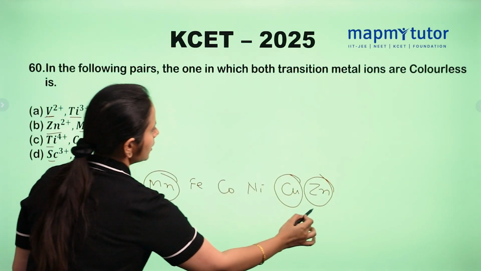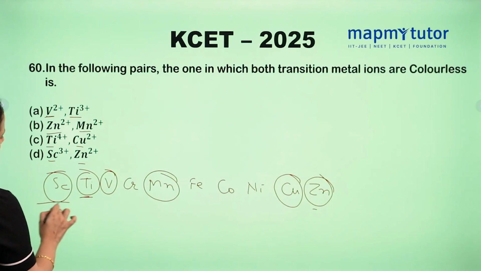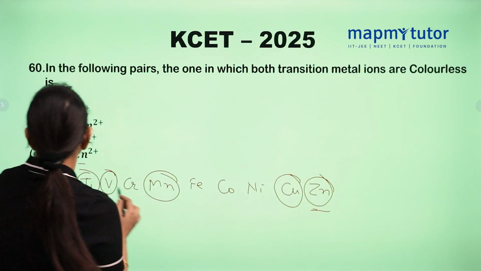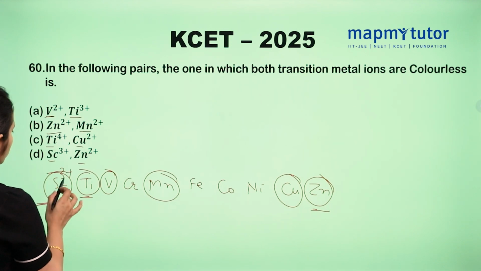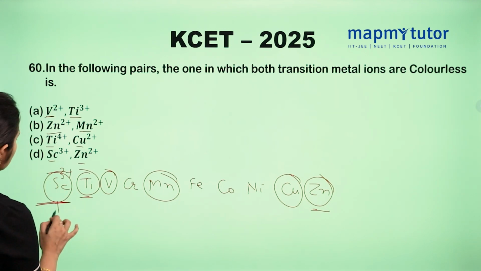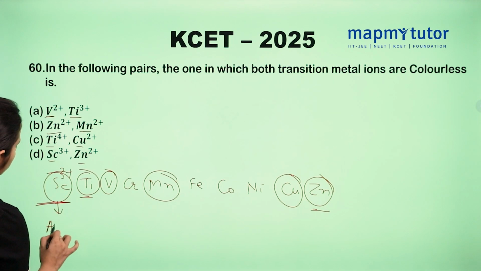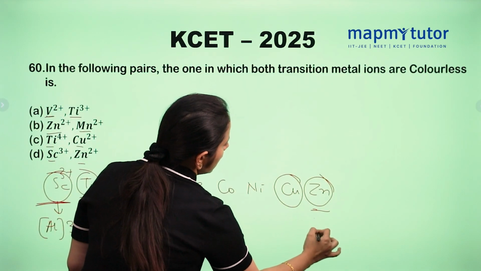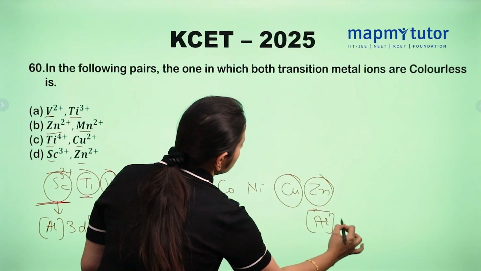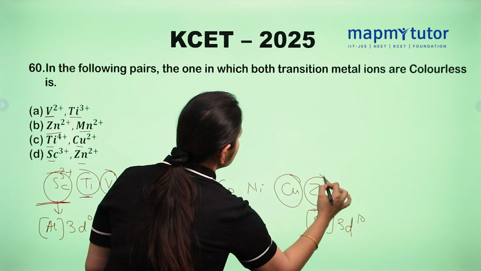So this is scandium and this is zinc. So only scandium and zinc, on oxidation, this 3 positive, if we remove 3 electrons from the outermost shell, the electronic configuration comes out to be argon 3d0, and here it will be argon 3d10 for zinc 2 positive.